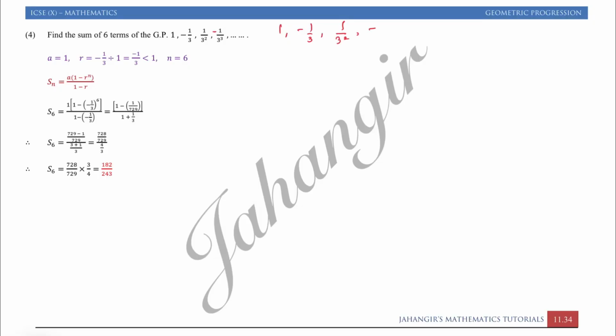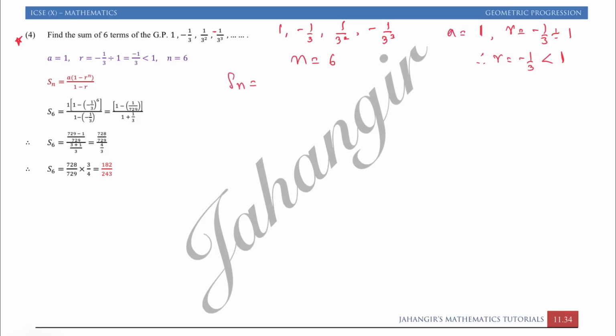Here there is a question mistake, just make it properly: minus 1 by 3, and so on. Now what we have to do, we have to first find a, which is 1, second is r, which is second term divided by first, that is again minus 1 by 3, which is less than 1, and n is 6 because we have 6 terms.